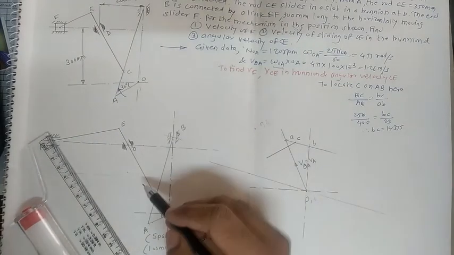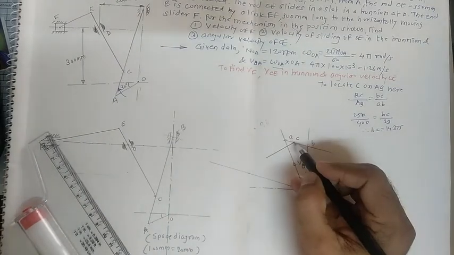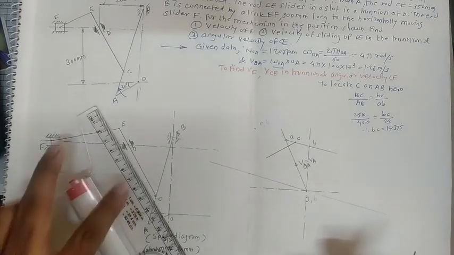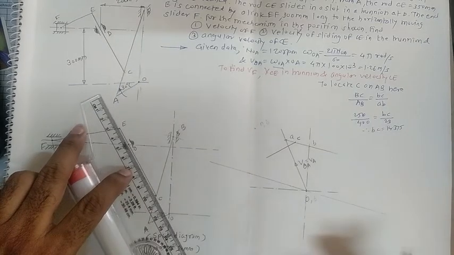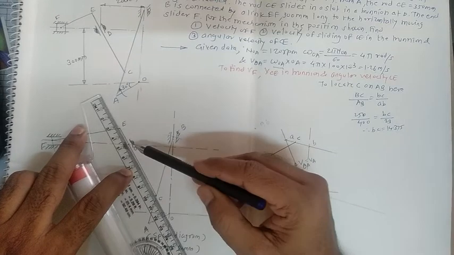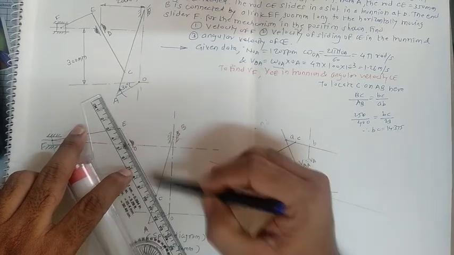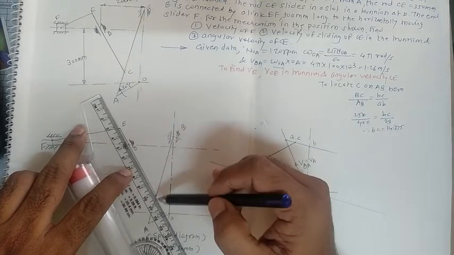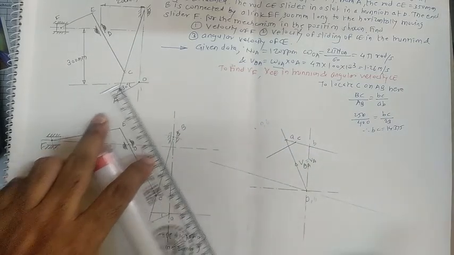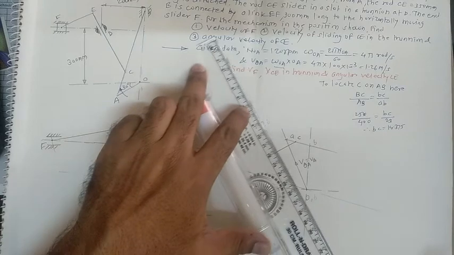Now the c point is already with us. One more important piece of information: this CD slides inside the trunnion, or the slot given here. This one acts as a slider. So you should show the path followed by this one, parallel to that path.